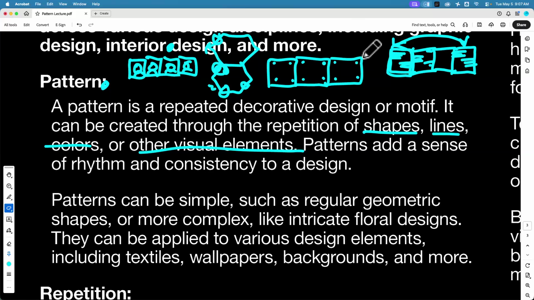Now, a pattern is always the same until you change it. What if you change one? Say a square with 4 dots, square with 4 dots, square with 4 dots, then a square with 4 lines, then a square with 4 dots again, and we can keep going.